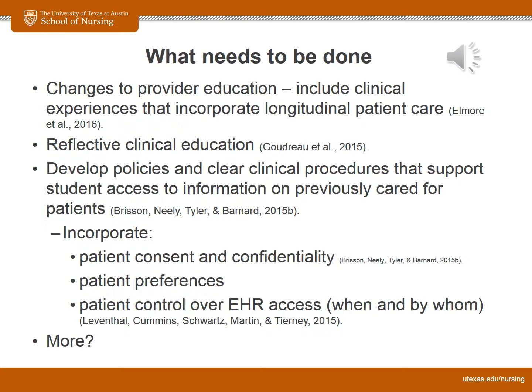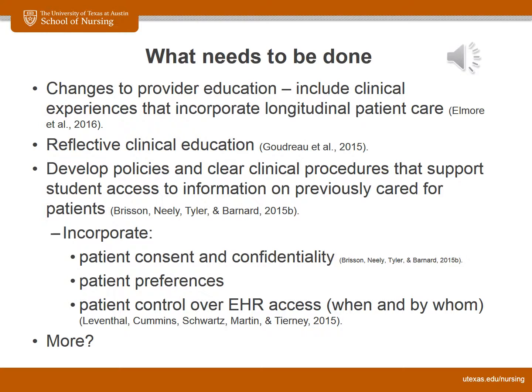We need to develop policies and clear clinical procedures that support student access to information on patients they previously cared for. And it's important that if we're to do this, we need to incorporate patient consent and confidentiality, patient preferences, perhaps through patient control over EHR access: when and by whom, who would actually be able to access, and can they give permission for a student to access their record after the time when they're cared for?